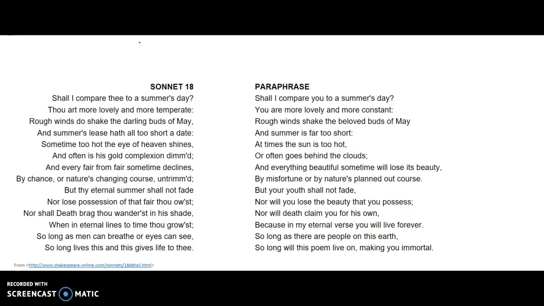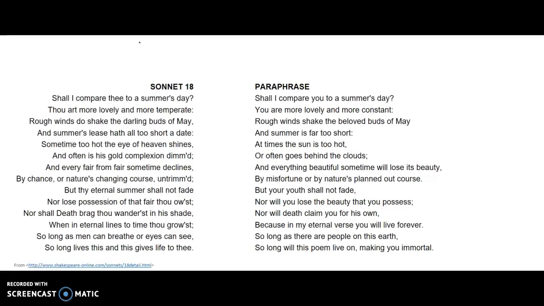This is the same sonnet that was in the podcast, so you should be familiar with it. I also offered a paraphrase on this side to help you work through what this sonnet means. Sonnet 18 is so famous. It is either known as Sonnet 18 or Shall I Compare Thee to a Summer's Day. It is a love poem.